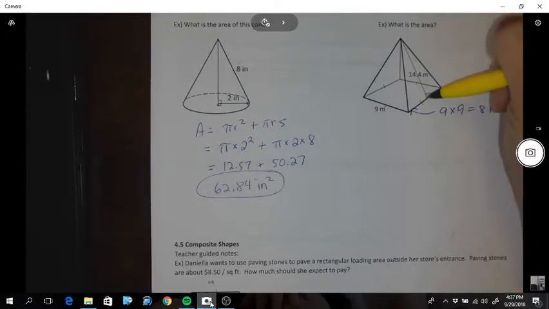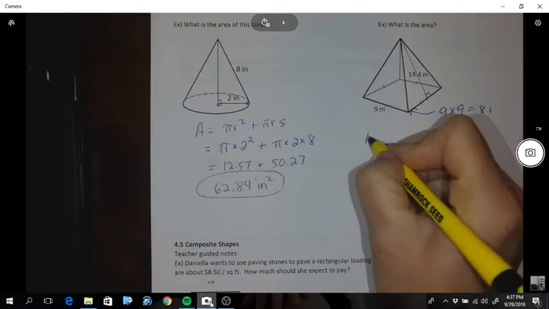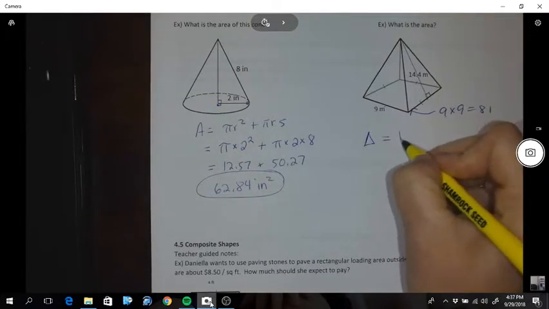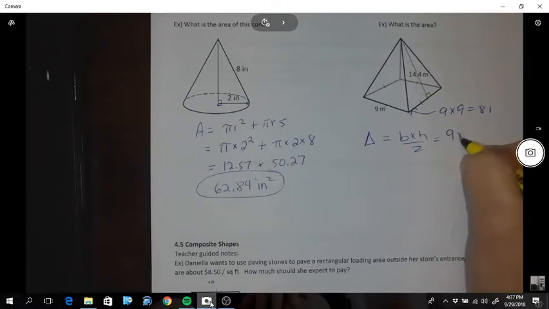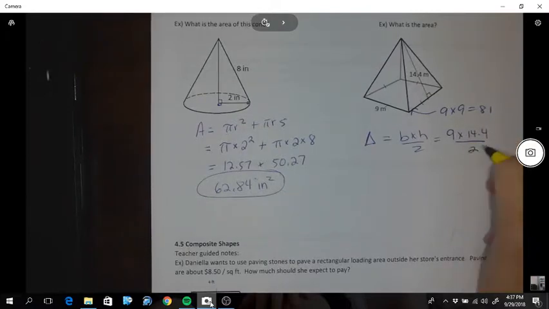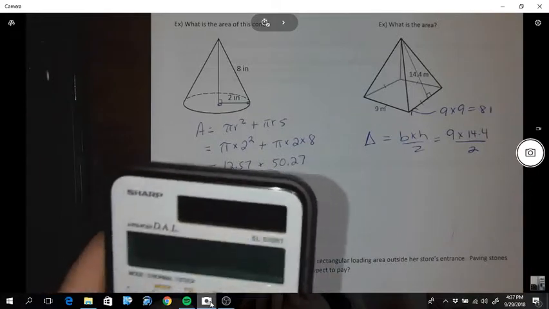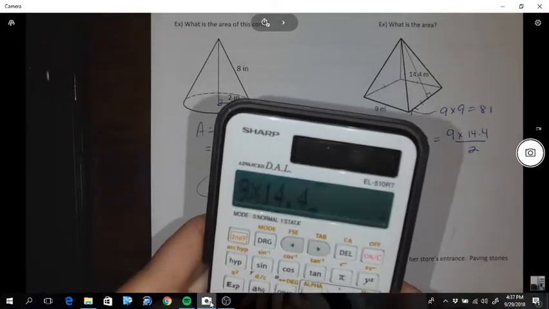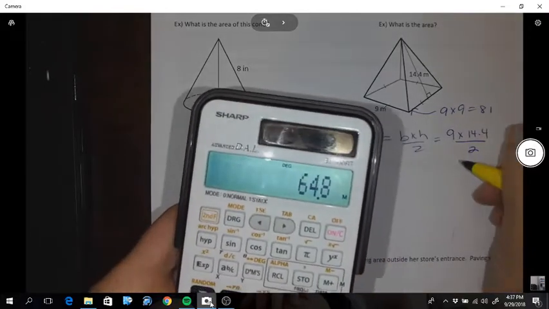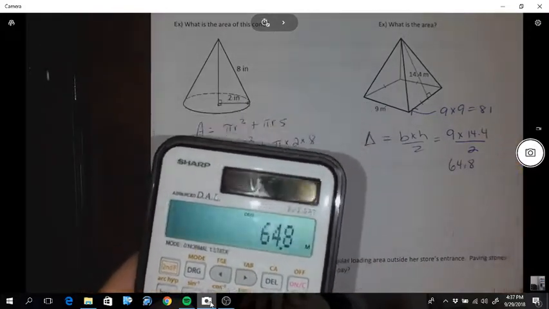Now the triangle on the side, so I'm going to go the area of a triangle, base times height over 2. So the base is 9, the height is 14.4, and I'm going to do half of that. So 9 times 14.4 divided by 2 is 64.8.